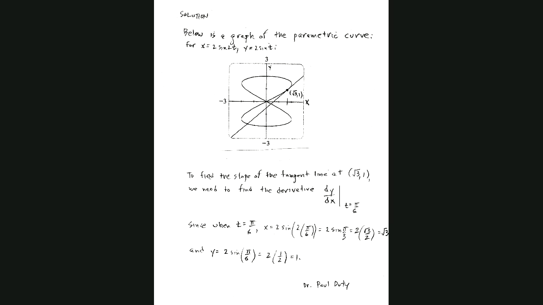Here's a horizontal tangent, and here's another horizontal tangent. So when it says, where does this curve have horizontal tangents, it's asking for the coordinates.